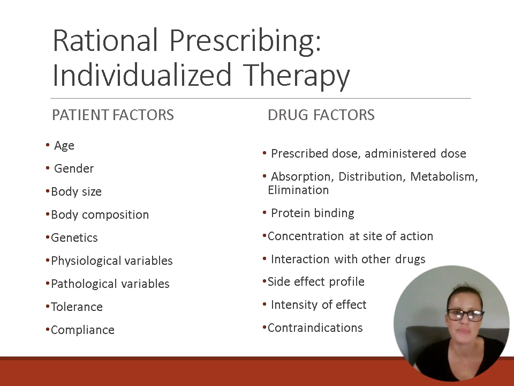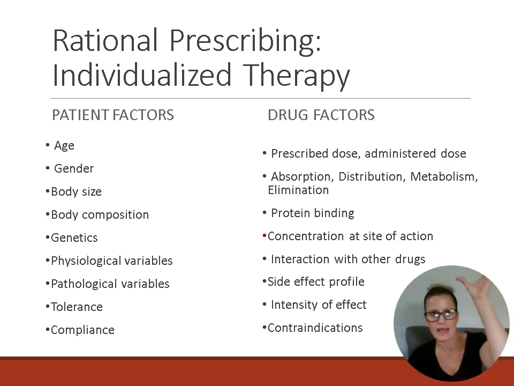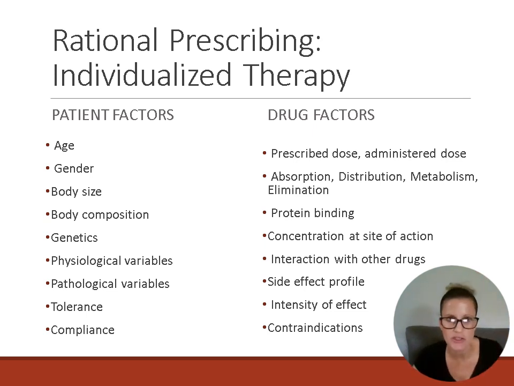If you look here, I have, on the left, all the various patient factors that are going to affect our choice of therapy. Age, especially the extremes of age, as in very old patients and very young patients, will influence therapy choices. And that's because there are huge physical and physiological differences in the very old and the very young.